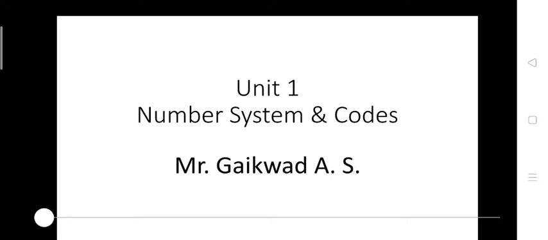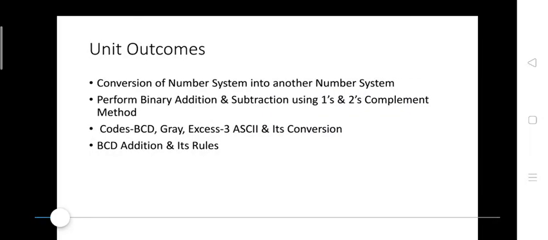Today we start Digital Technique first unit, number system and its codes. This unit contains four unit outcomes. First, conversion of one number system into another number system.